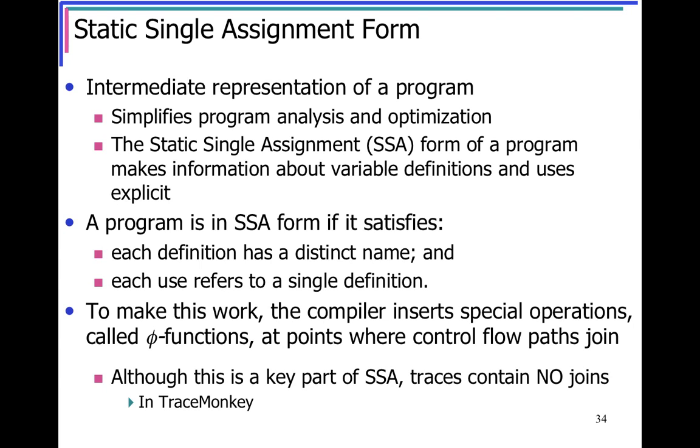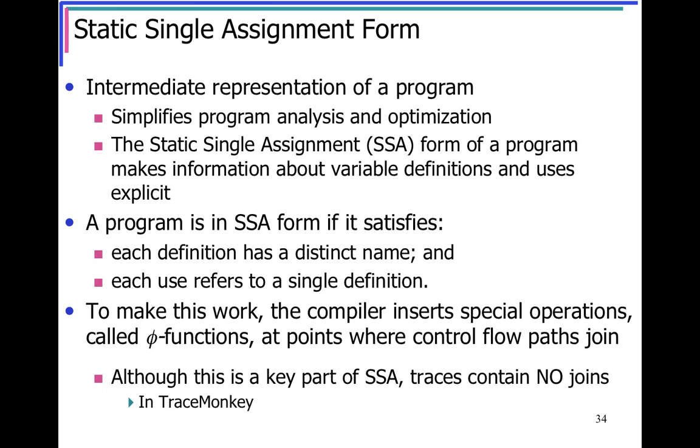Again, for every new variable, we give it a distinct name. Therefore, we're able to keep all of our names separate from each other. And so every name has one def, that is one definition. So if there's multiple defs, then we're going to use distinct names for those definitions. So every definition has a unique name.